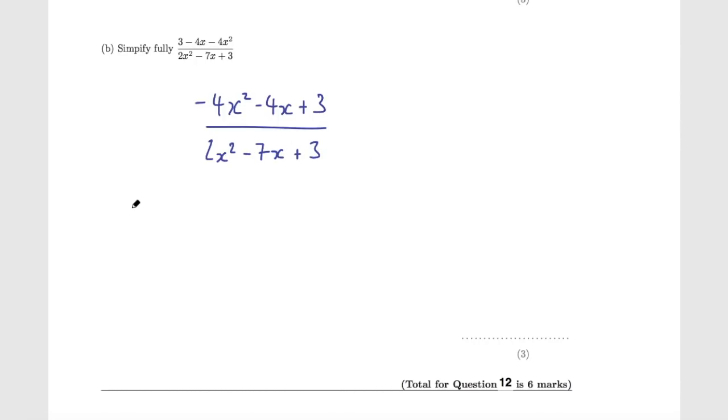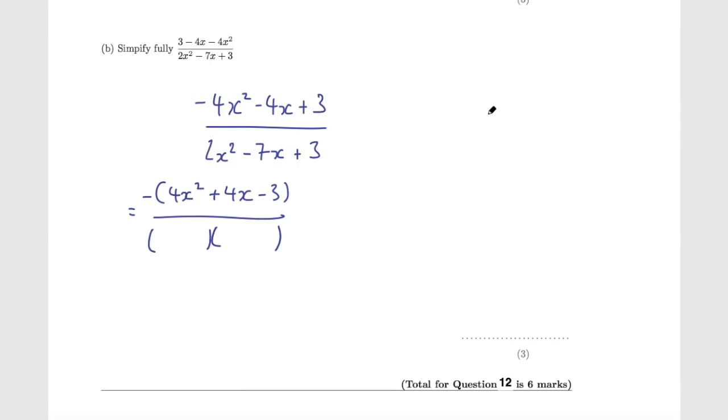And I'm also going to take a negative 1 from the top line because I also find it easier when the first term is not a negative. So this becomes minus bracket 4x squared plus 4x minus 3. And then the bottom line, let's have a look at the bottom line first. So 2x squared minus 7x plus 3, I need to factorize into 2 brackets if possible. So I need some factors of 3 where 1 is multiplied by 2 to make minus 7.